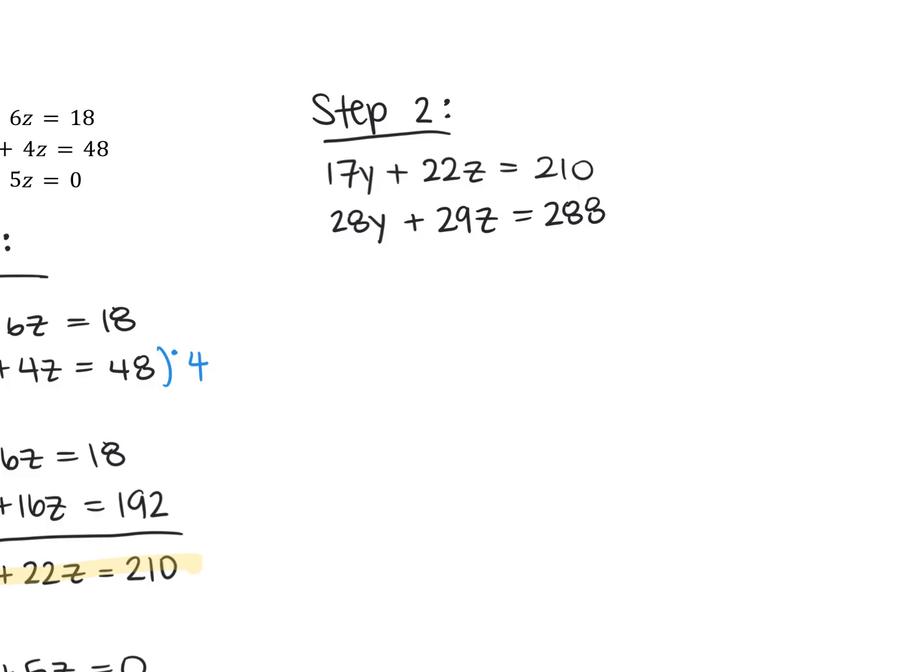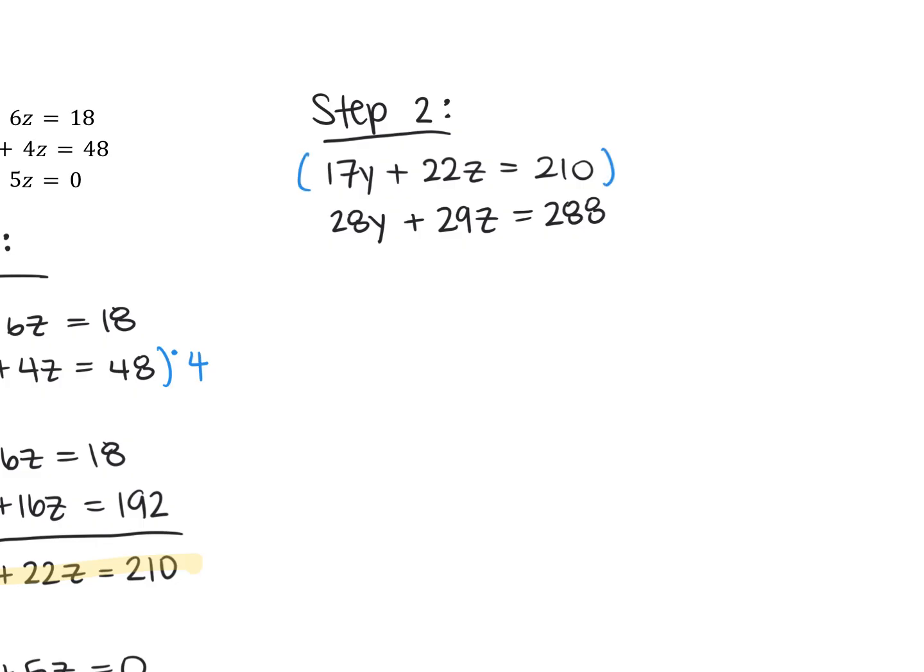Now, unlike that first example, when I got to step 2, I had a variable that was easy to eliminate. Here, I don't. I can't easily make a 17 a 28 or a 22 a 29. So I'm going to have to multiply both equations in order to eliminate a variable. And when I'm trying to make that decision here, I'm just going to go with the variables that are smaller so that I'm dealing with smaller numbers.